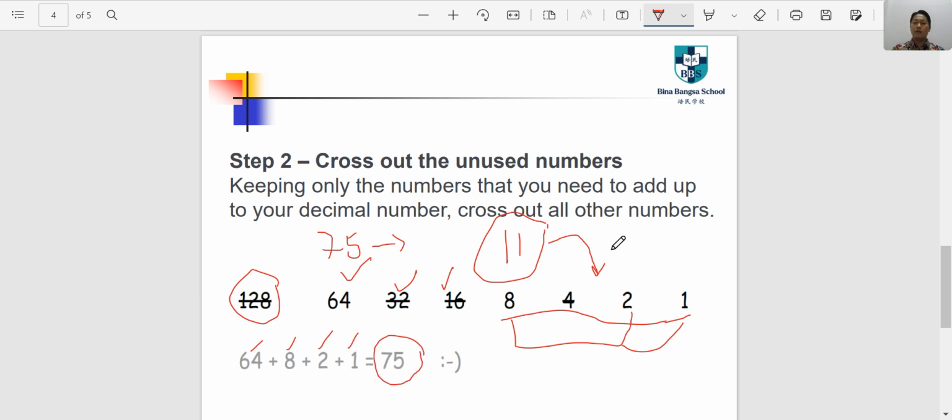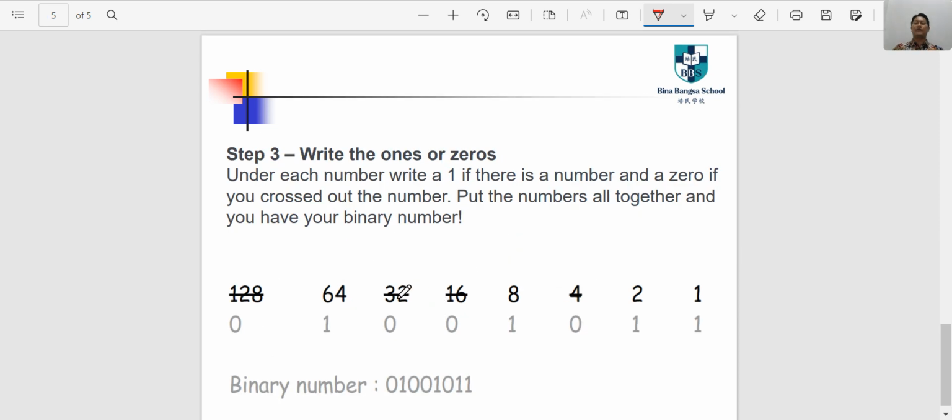Now, how are we going to get the binary number? This is considered as a very wonderful, very good and interesting part of number systems. Step 3 now is write the ones or zeros.